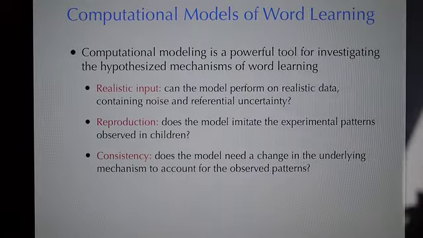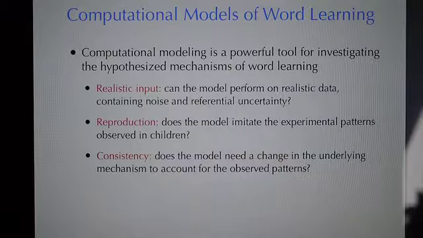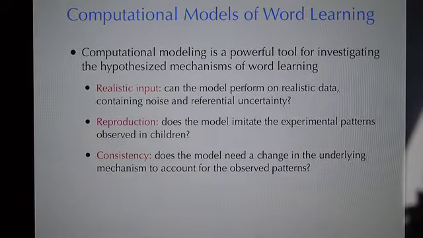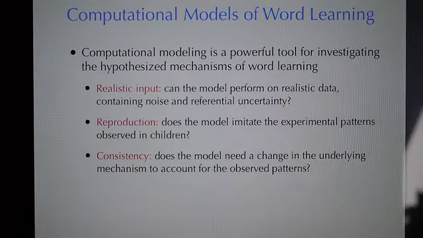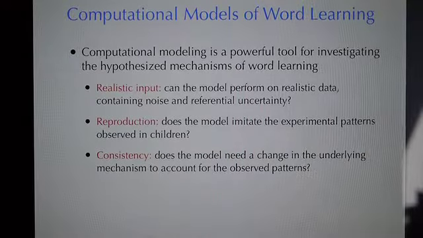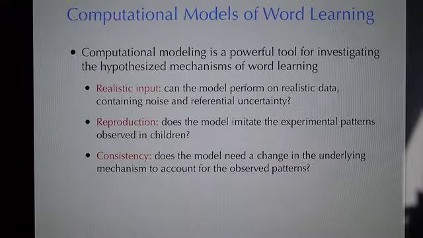And that's where the computational models come into play. A computational model in this case is a very powerful tool because you can simulate the learning mechanism and then you can feed it with realistic input similar to what children have access to, and then you can try to reproduce the experimental patterns using the learning mechanism that you simulated. So does the model imitate the experimental patterns that are observed in children?